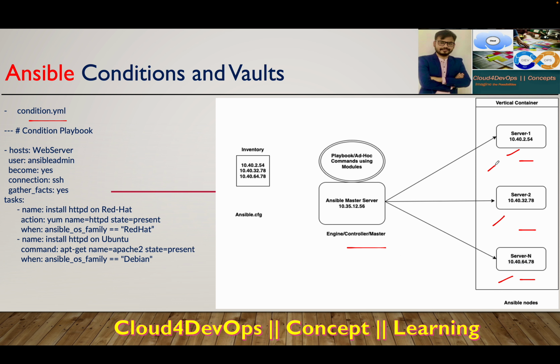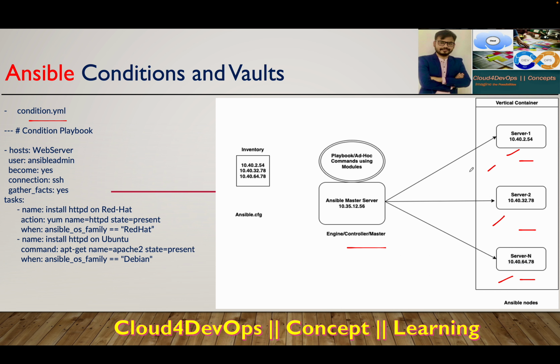But if you don't want to play around with host groups, and you just want one inventory file consisting of all the Linux servers and all the Windows servers, then within the Linux world you have Debian and the Red Hat family, and I just want to install Apache on the Red Hat family. In that case, a condition will be helpful.